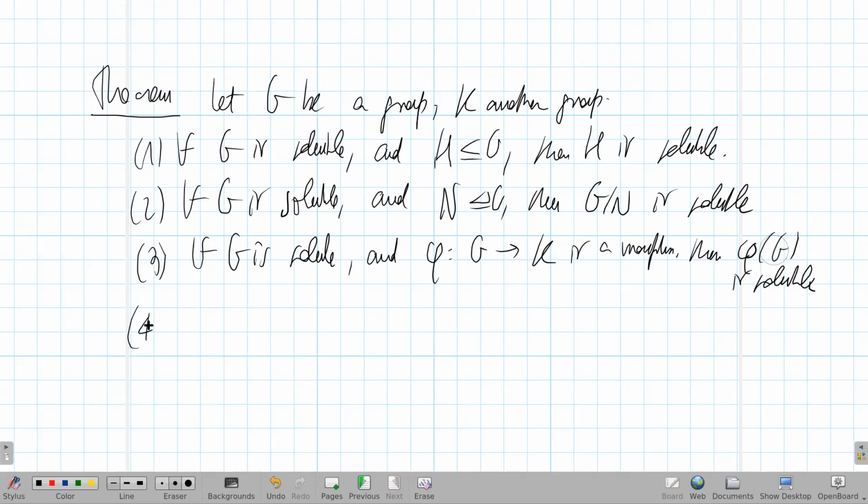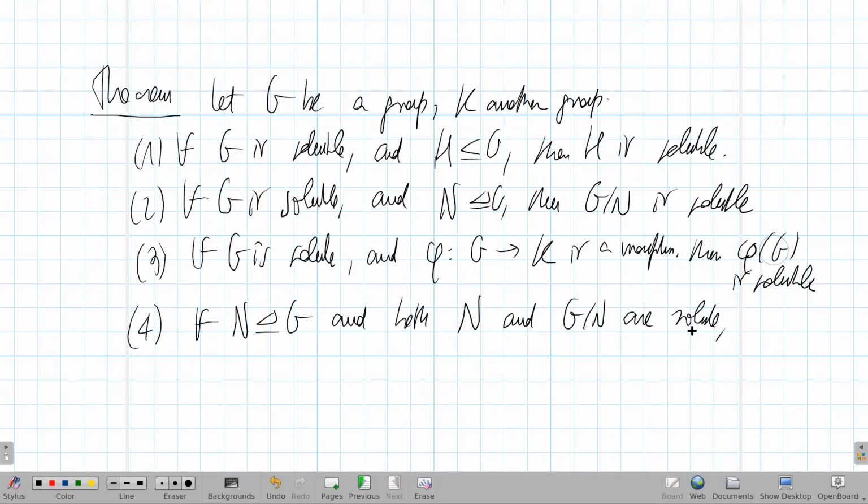But here is the important fact. Fourth, if N is a normal subgroup of G, and both N and G over N are soluble, then G is soluble. Sometimes this is stated by saying that soluble by soluble means soluble. You have G, you have N, you have 1. So the quotient is G over N. If this is soluble and this quotient is soluble, then the whole group is soluble.